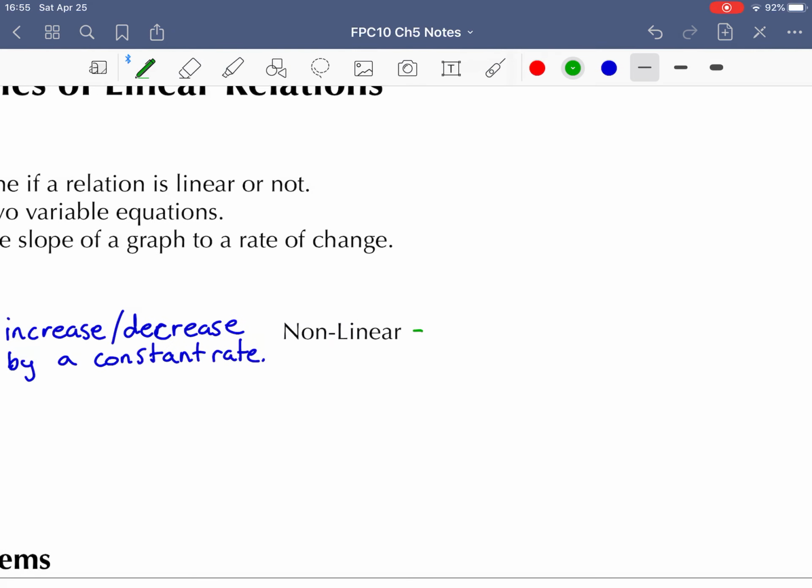Whereas a nonlinear is not a straight line. When I use the word line here, I mean in the mathematical sense. A line is perfectly straight. So it doesn't have a constant rate of change.